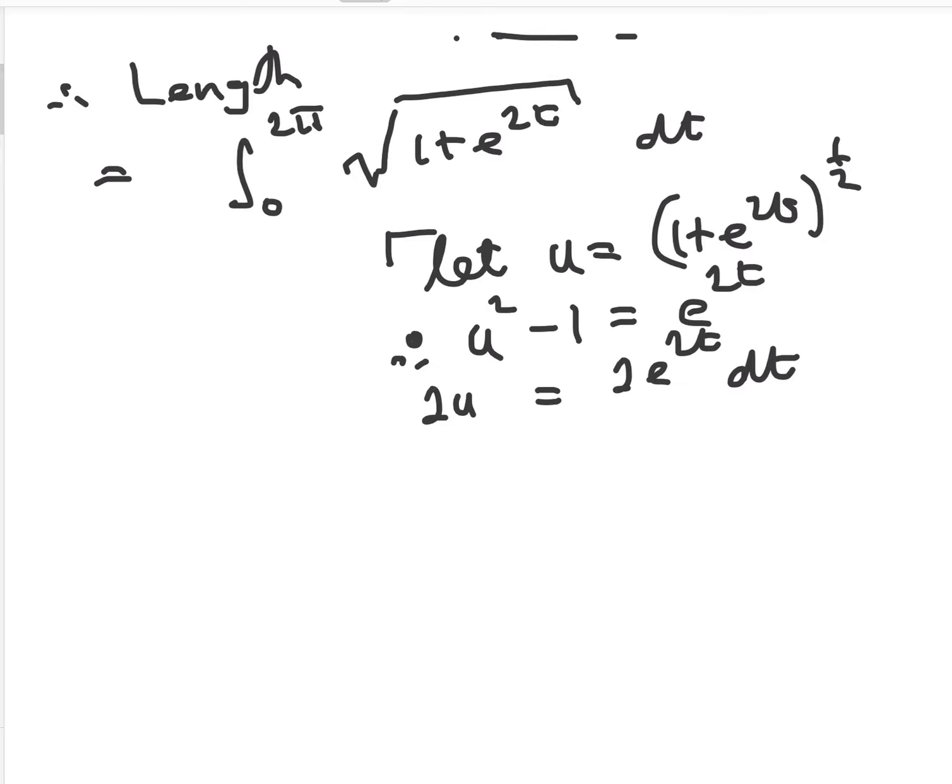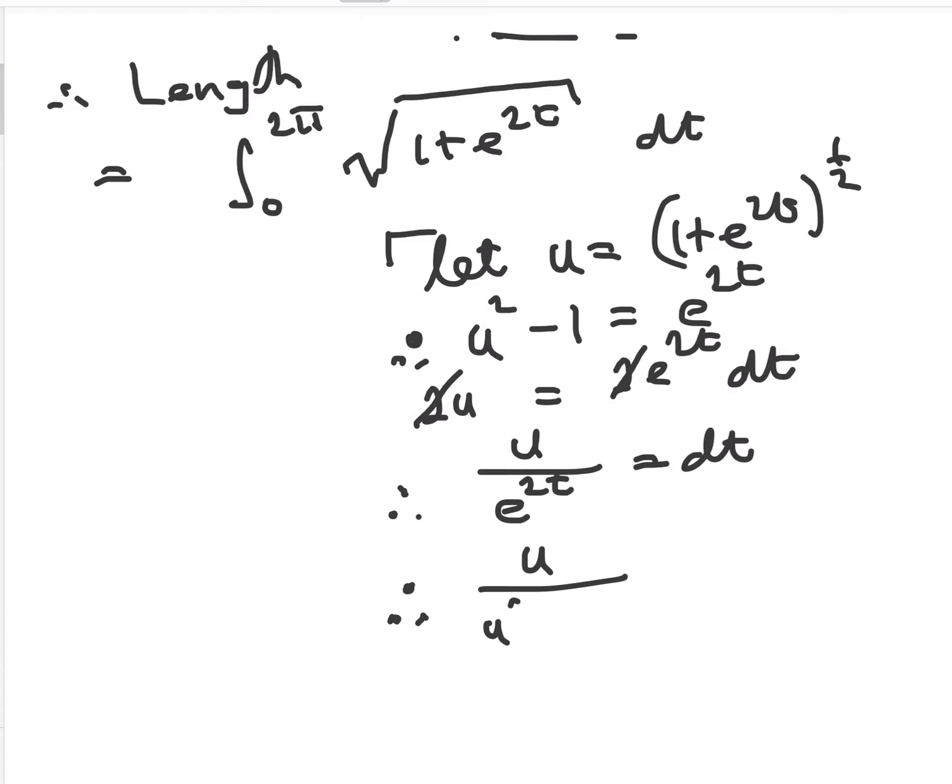Right. So that therefore, okay, u over u squared minus 1. The 2's cancel off. Let me just show where this comes from. So u over e to the 2t equals dt. And you want the left-hand side all in terms of u. So therefore, e to the 2t is u squared minus 1, so u over u squared minus 1 equals dt.